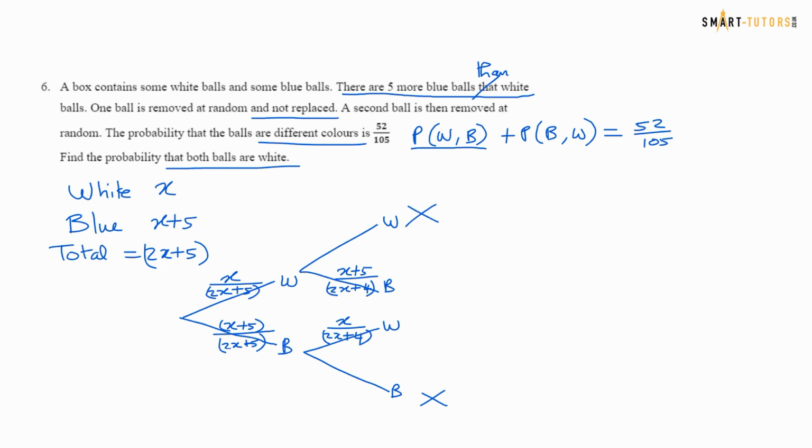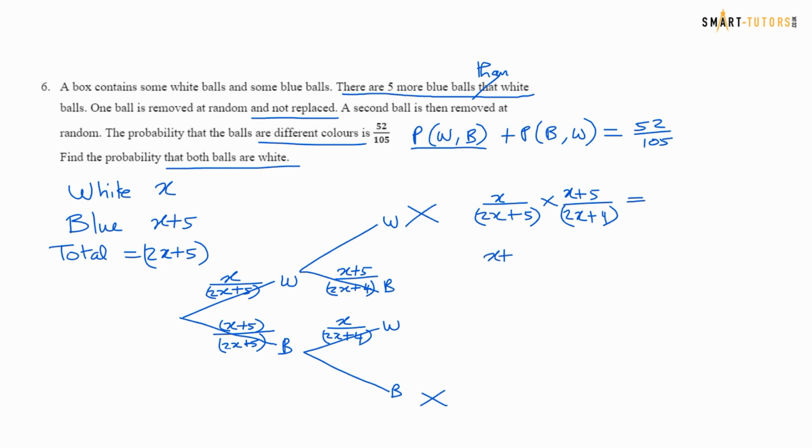Now what we want to do is multiply these together. So x over 2x plus 5 times x plus 5 over 2x plus 4, which gives an expression actually. So I will come back to it in a minute.